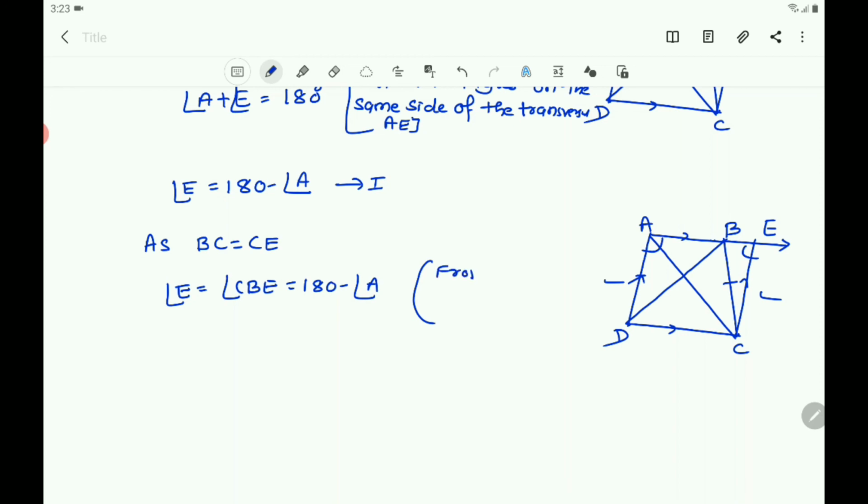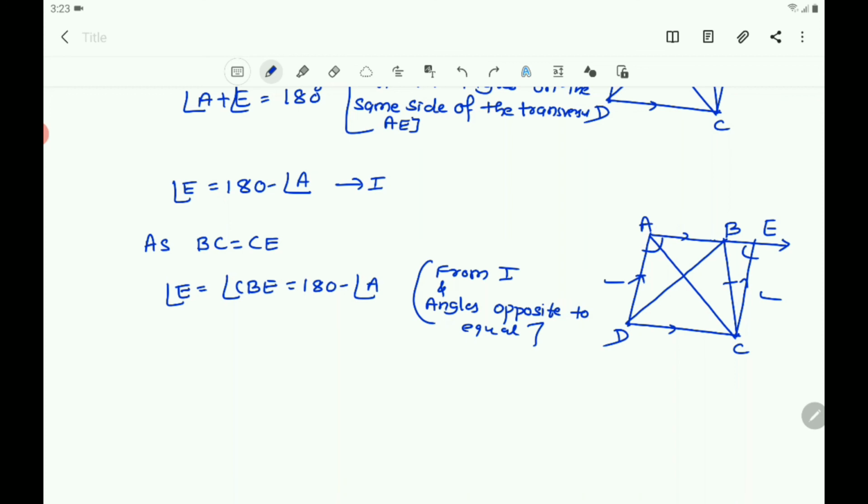Angles opposite to equal sides. Why are they equal? They are the angles opposite to equal sides. Why is it 180 minus angle A? That is from first, because angle E is 180 minus angle A.